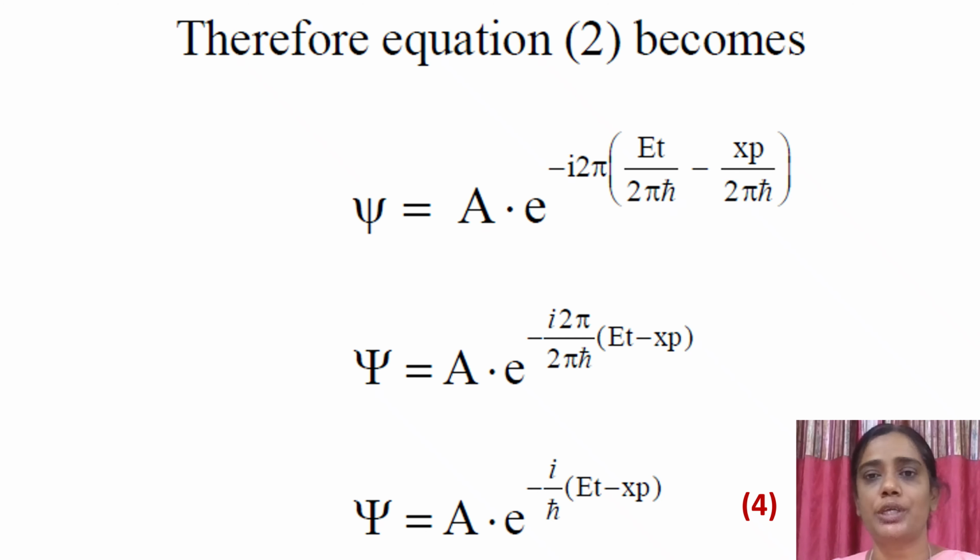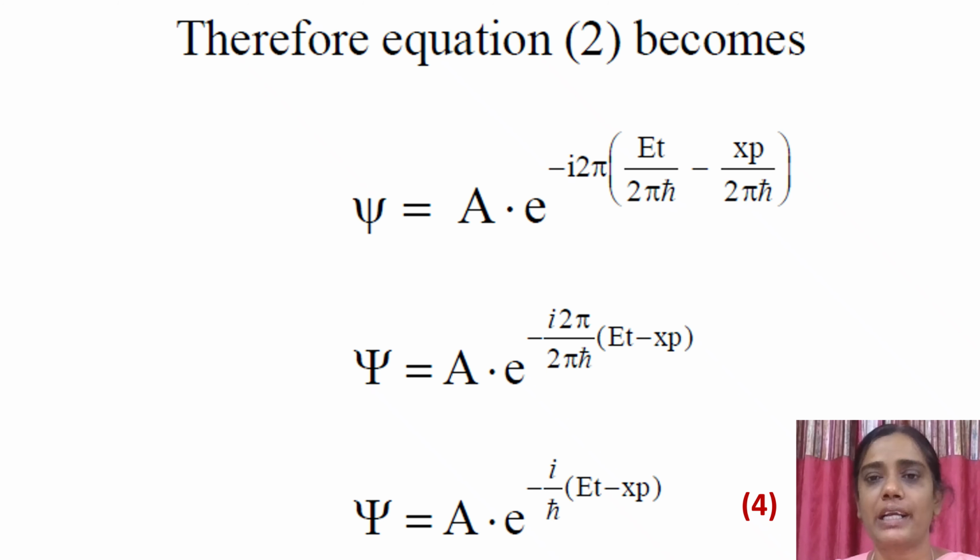We substitute in equation 2, and equation 2 becomes psi is equal to a e power minus i 2 pi Et by 2 pi h cross minus xp by 2 pi h cross.